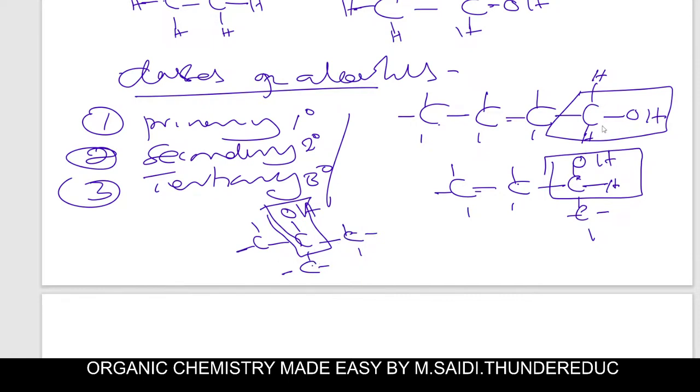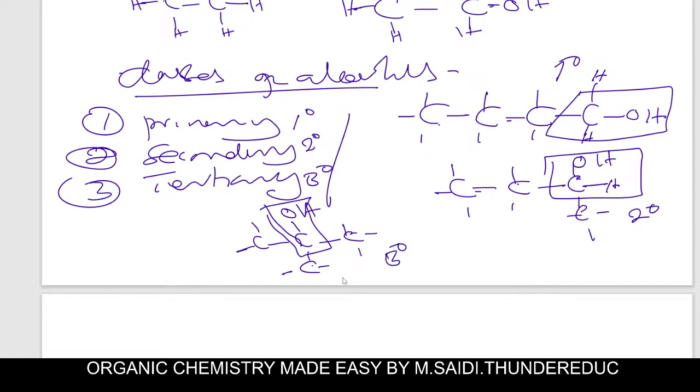The reason it has only one, therefore it is a primary. It has two, therefore it is a secondary. And it has three other carbon atoms attached. The carbon atom with the functional group is attached to three other carbon atoms. Therefore, it is tertiary.